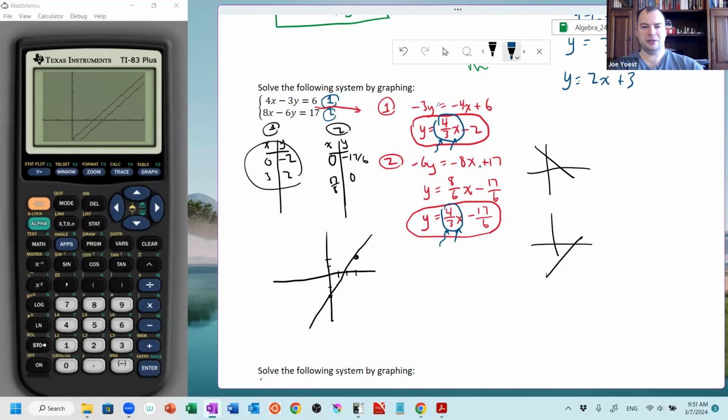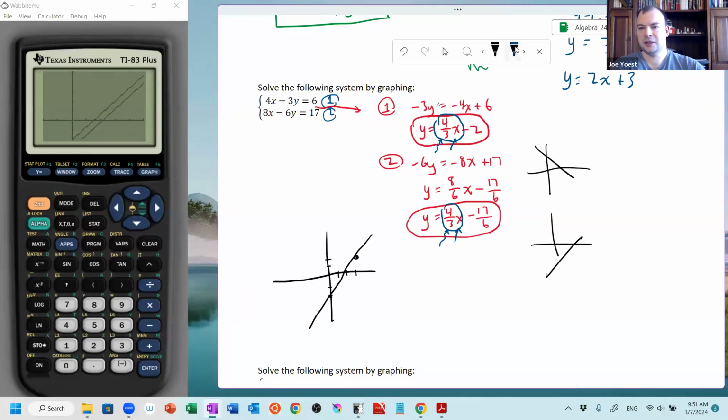Or another way we can see that they're parallel lines is we could have divided equation 2 by the number 2, to get an equivalent equation to equation 2.